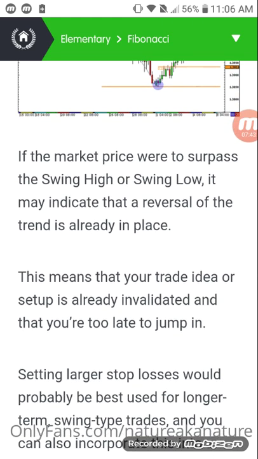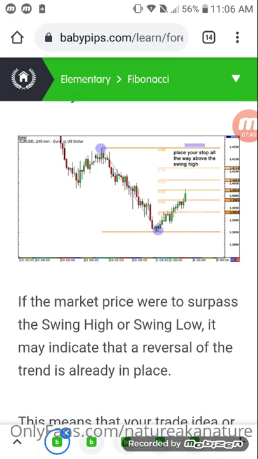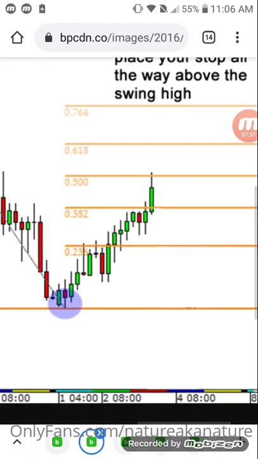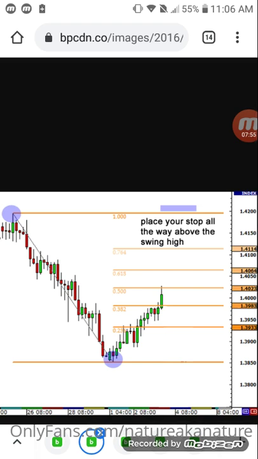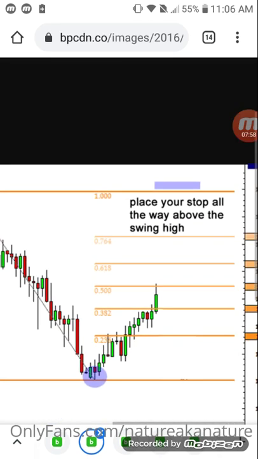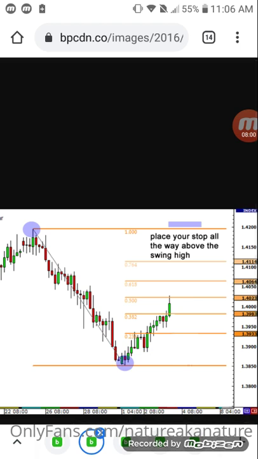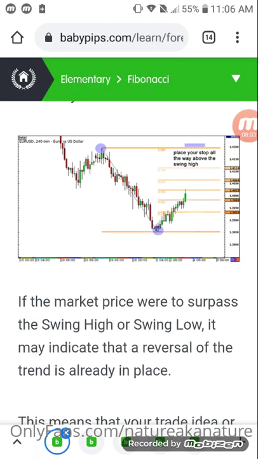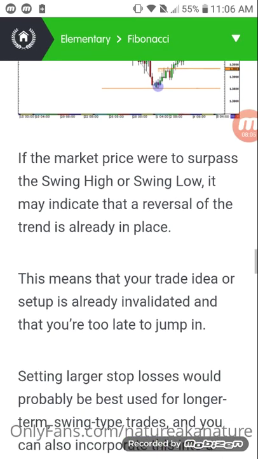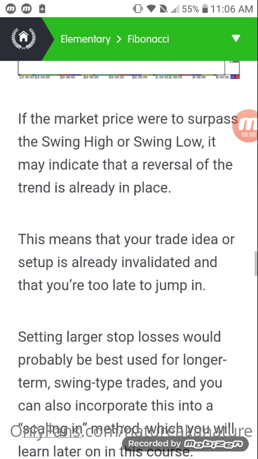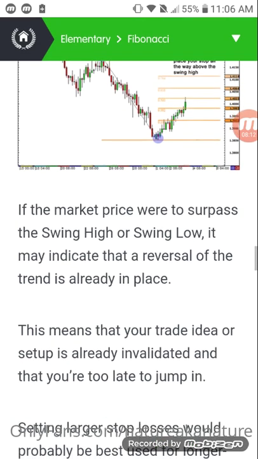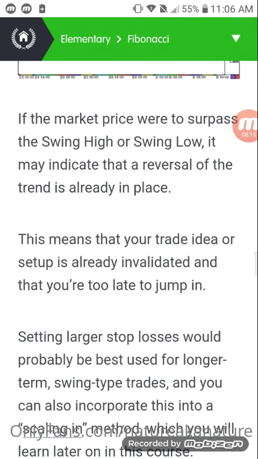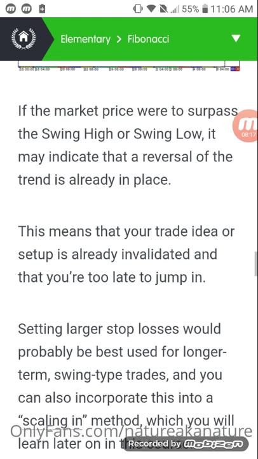If price goes all the way from the Fibonacci 50 level and retraces all the way past the swing high, which is right here, then obviously the market has reversed and we're going into an uptrend, and you will push your buys. This means your trade idea or setup is already invalid if it goes past your swing high, and you're too late to jump in. Just don't be afraid to jump into a trade.